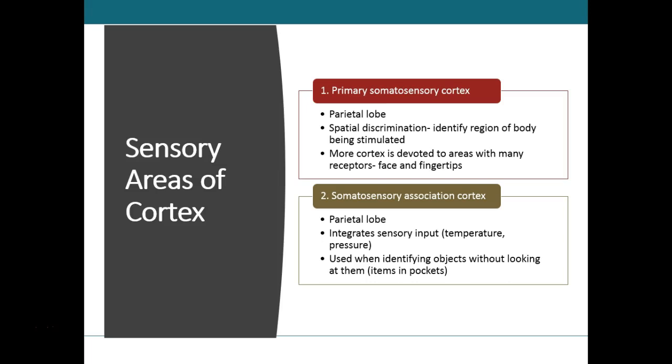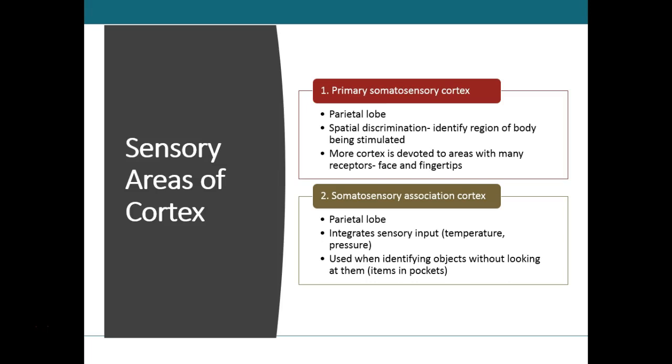The size of the area of the cortex that's receiving impulses from a particular area of the body depends on the numbers of receptors that are present. So a large body part doesn't necessarily mean that there will be a large amount of the cortex associated with it.